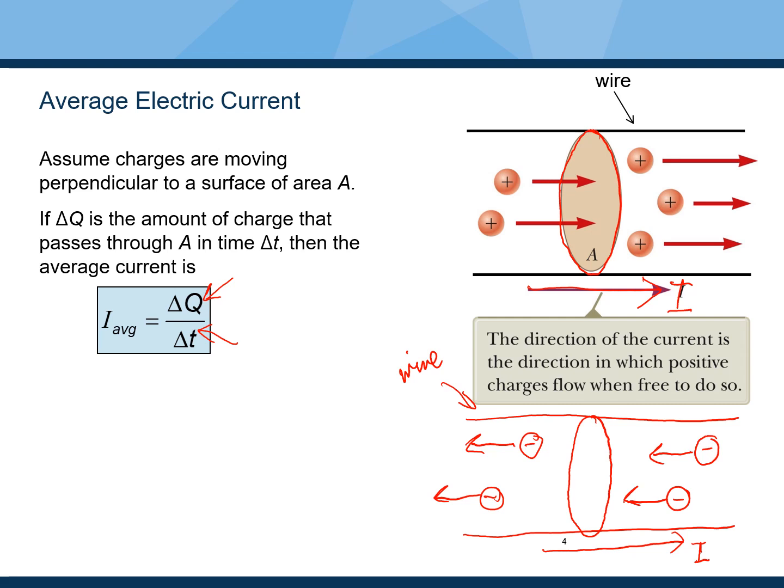So we can understand that for most workaday situations, it's not going to matter if you think about positive charge carriers flowing in the direction of current flow, and that would be completely equivalent to having negative charge carriers carrying negative charge in a direction opposite to the indicated direction of current flow.